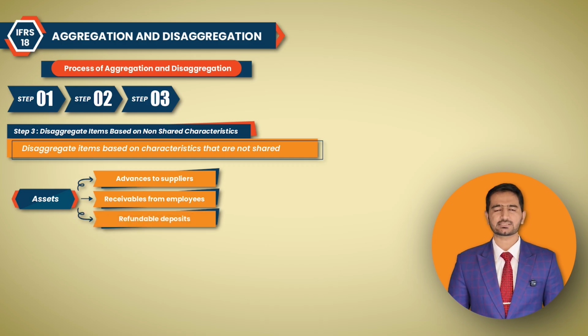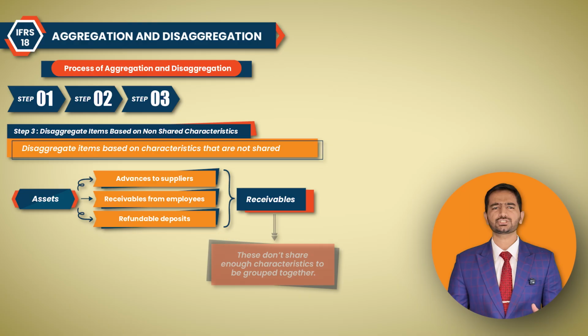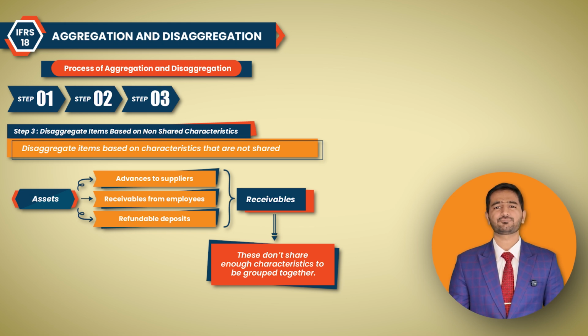All of these are assets and sort of receivables, but their nature and purpose are too different to be clubbed together. They don't share enough characteristics to be grouped together. You would not want to mix these with your trade receivables because they serve different purposes. Think of it like this: you won't mix apples with oranges, right? The same goes for financial items. You have to separate what's clearly different. So disaggregate when things are different enough to matter to the users.